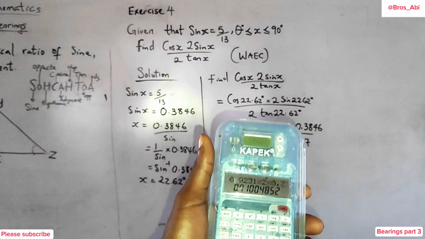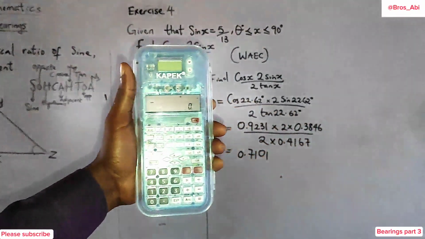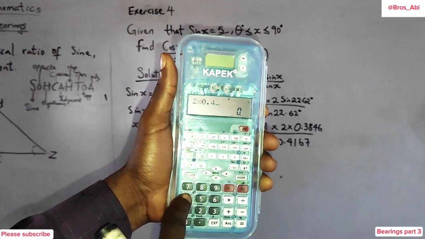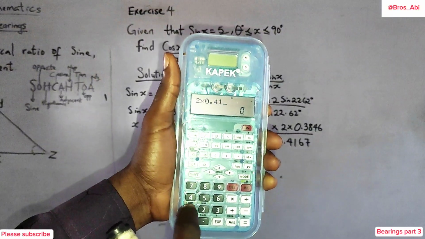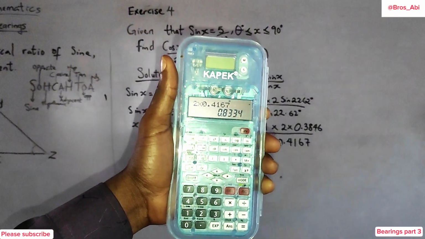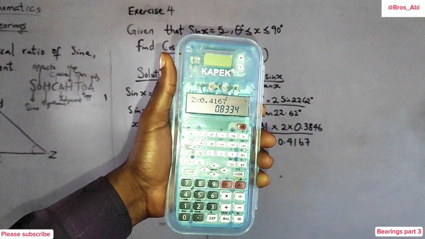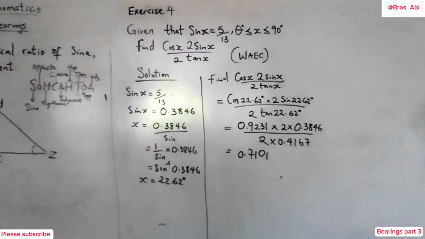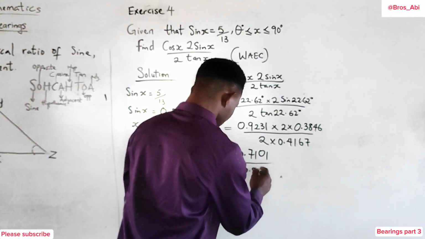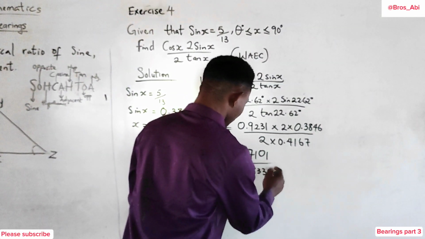The next thing is the lower part, which is 2 times 0.4167, equals 0.8334. Over 0.8334.